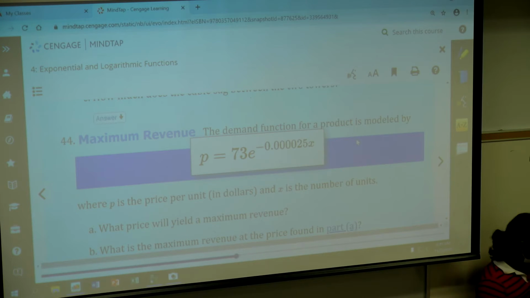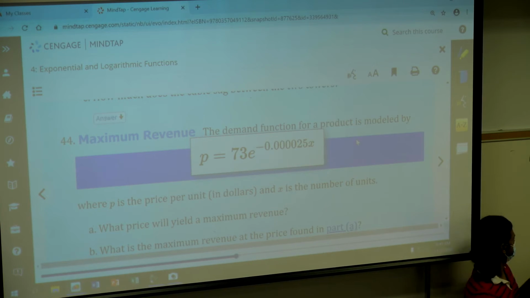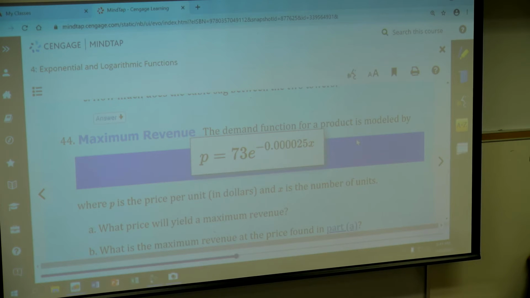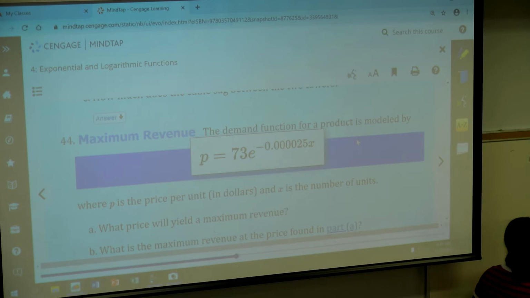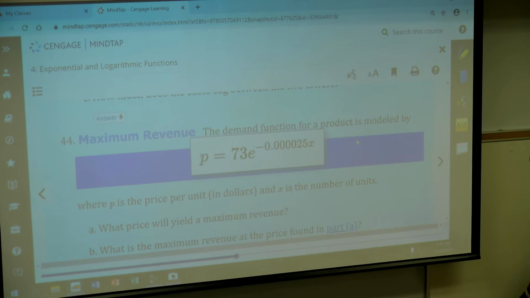What is u? 2x plus 1. V is e raised 3x. And what does the product rule state? U v prime plus v u prime.